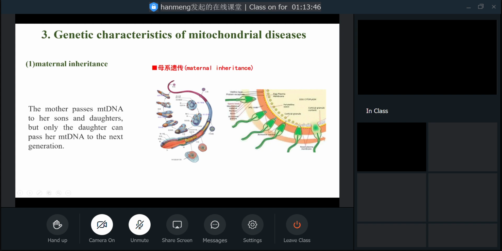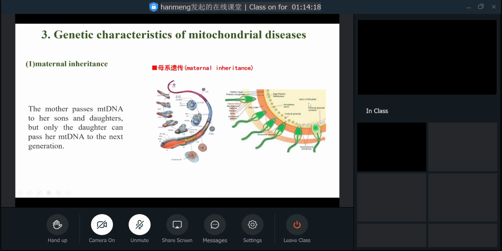Because during zygote formation, the sperm and the egg fuse, but the sperm mostly provides only DNA to the egg cell.